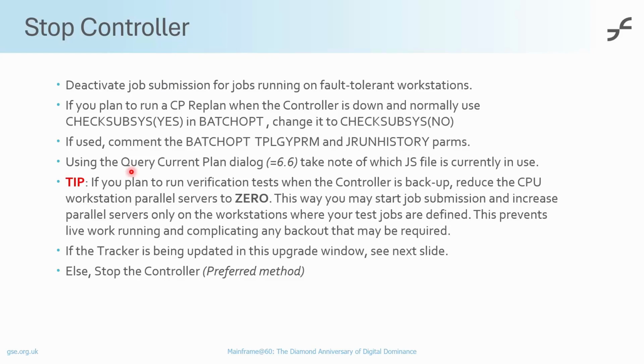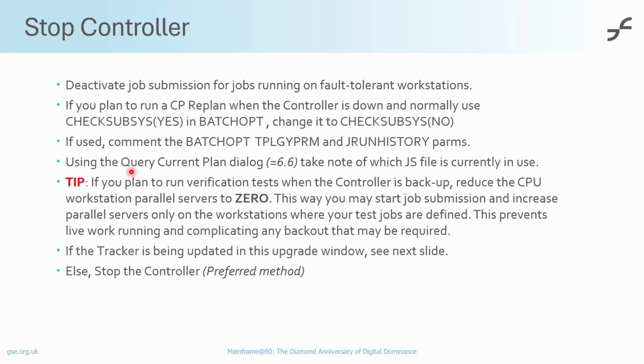At that point, you can slowly increase the parallel servers to run jobs. And you can even define a specific workstation that will run some test jobs. So no production job will run until your test jobs completed successfully. In this way, you will prevent any production jobs from running.